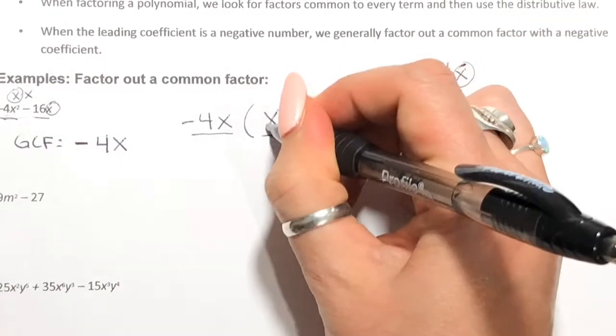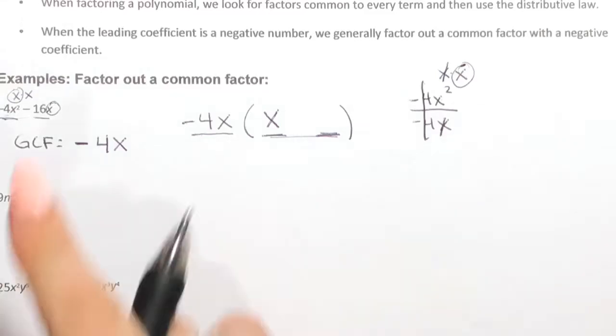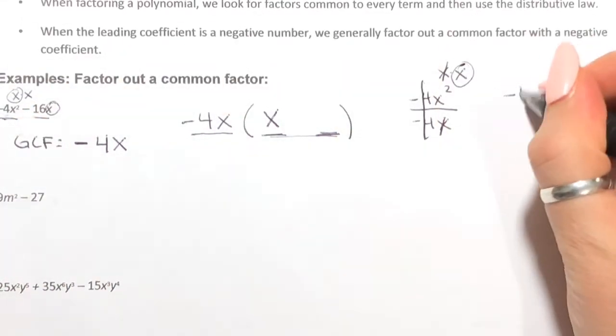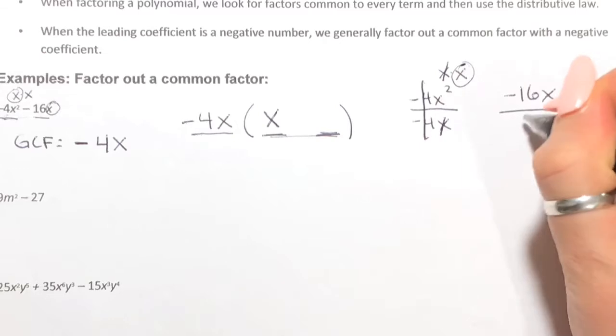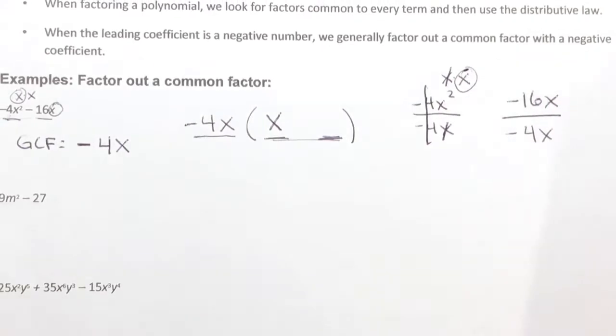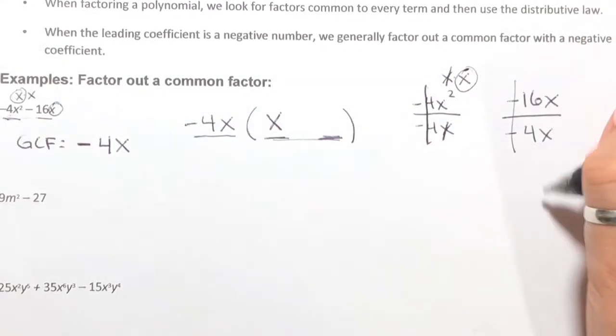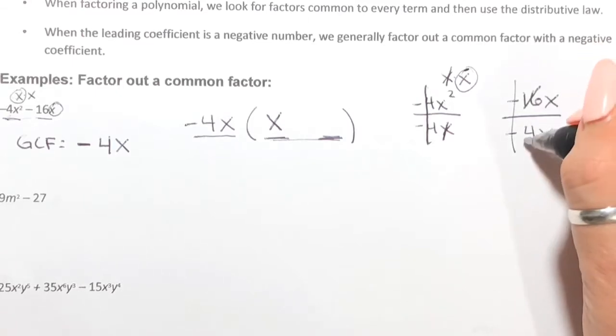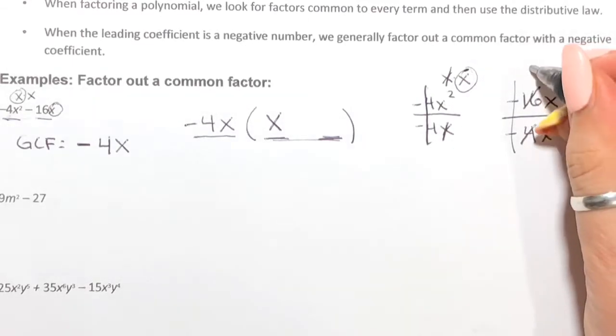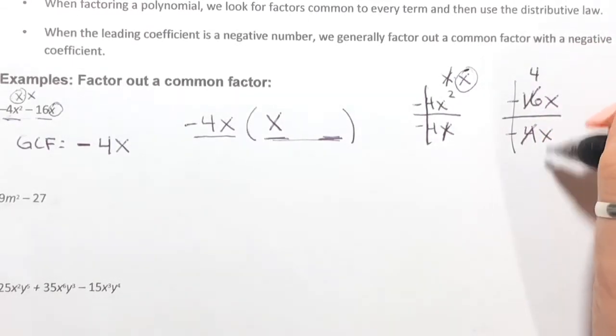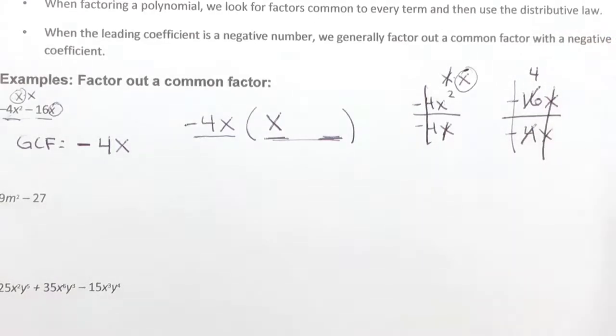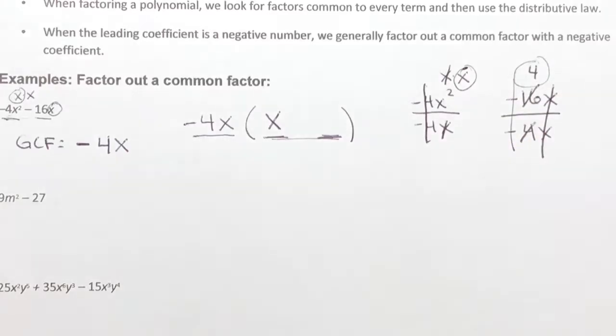So that's going to go on the inside here. And then same with negative 16x. If I divide that by negative 4x, the negatives here are going to cancel. And then 16, when I divide it by 4, has a 4 left over. And then x is just going to cancel out with the x. So the only thing left over here is a 4.